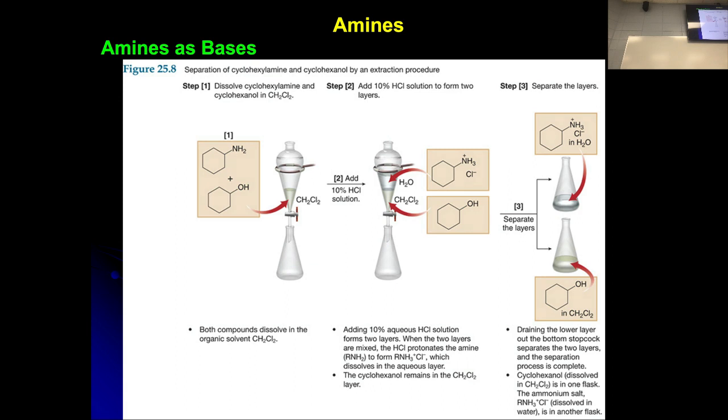How many are in this ring? 6. So I have 6 carbons and 1 OH. Is that going to be soluble in water or insoluble? It's going to be insoluble. It doesn't satisfy my 5 carbon rule, does it? Turns out that the 5 carbon rule also applies to amines. Okay? So that amine, do you think that that's going to be soluble or insoluble in water?